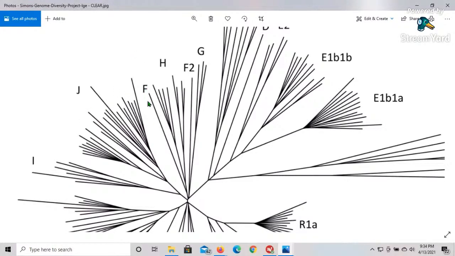Then we have the F, which is Aram of the Arameans, which is its own family tree. Then we have another F too. We got 2 Fs here. They're 2 different family trees, as you can clearly see.